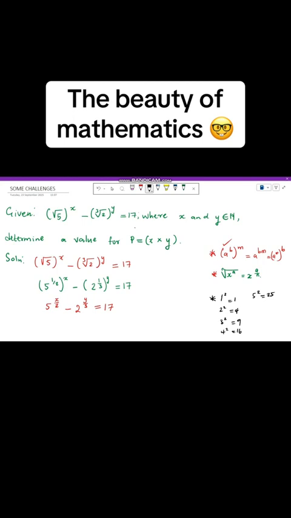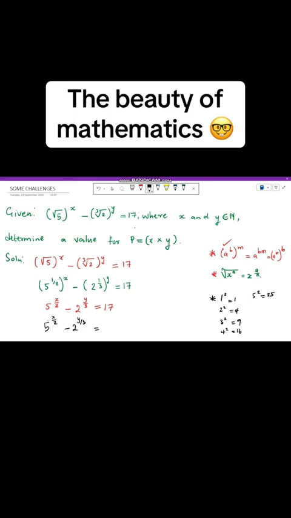Alright, so I'm looking into this denominator here. I see I have base 5 to the power of x over 2, so I'm just going to use the trick behind there and say that this is the same as 5 to the power of x over 2, minus 2 to the power of y over 3. Then I'll use the very same trick this side.